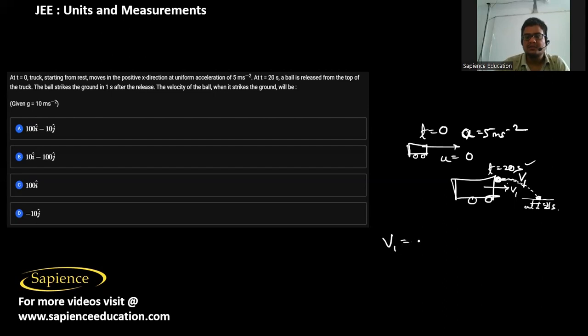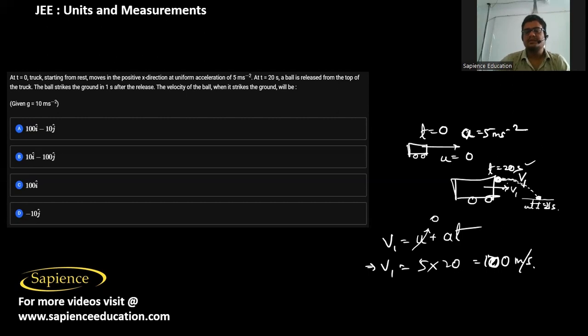So as you know, v1 equals u plus at. So u is 0, so therefore v1 will be equal to 5 into 20, that is 100 meter per second. Then it will come downwards with how much speed, that we have to find out.